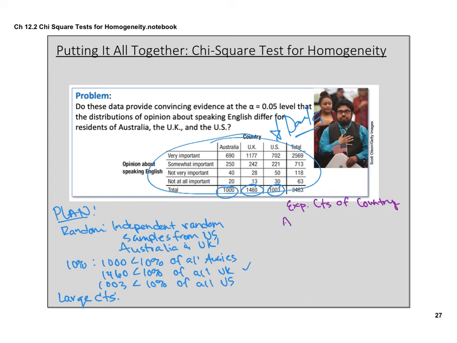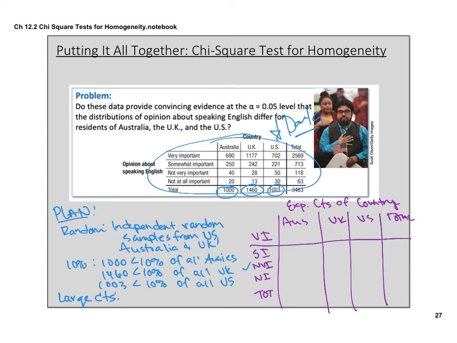So you're going to have Australia, UK, US, total. Then down here, you're going to have very important, and I abbreviated because I don't have a whole lot of space. Somewhat important, not very important, and not important, and then total. So I'm going to have to write really small here, and I apologize, but it'll be okay.